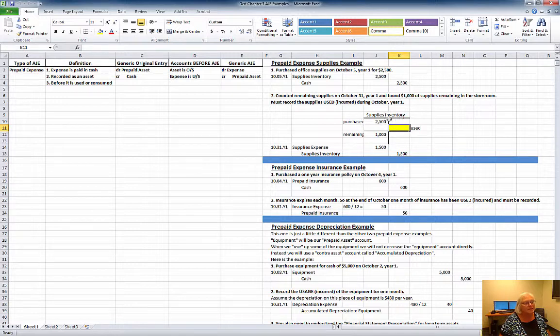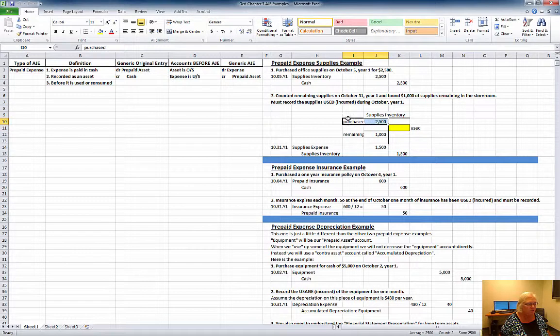Okay, it's easiest, I think, to make a T account for supplies. You put in what you purchase, so you post this entry to the T account. You put in what you want your ending balance to show on the balance sheet for October 31st, which is the $1,000 that you still have on hand.